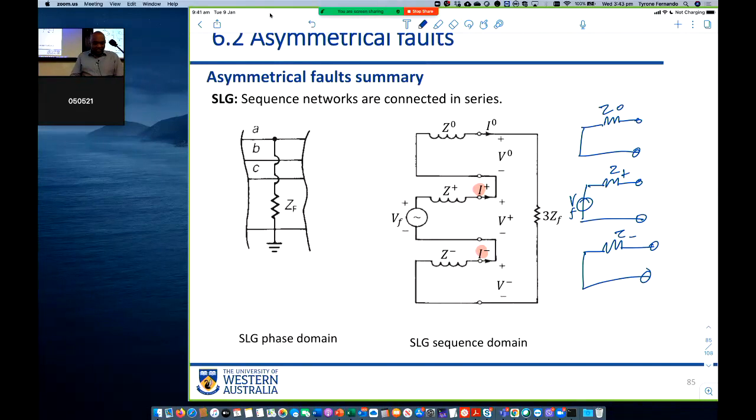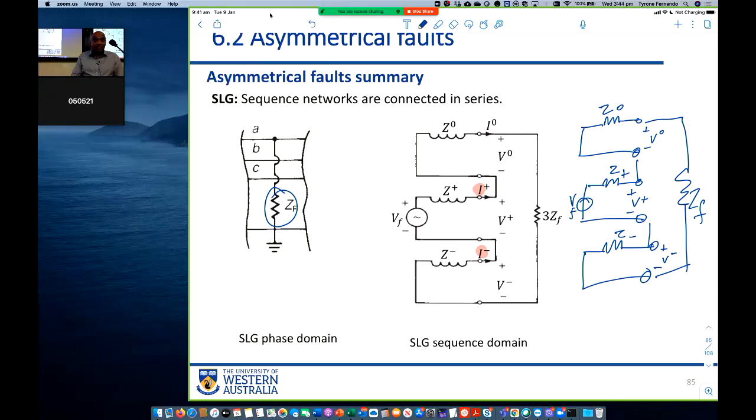So if it's a single line to ground fault, then you connect them in series like that. This is ZF, this impedance. And you have to know that the positive sequence voltage is here, the zero sequence voltage is here, and the negative sequence voltage is here.